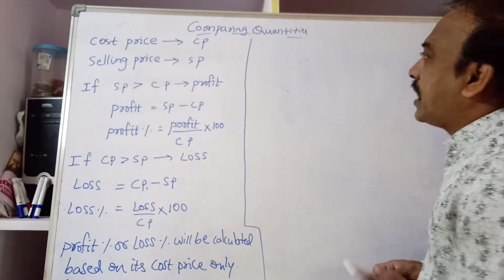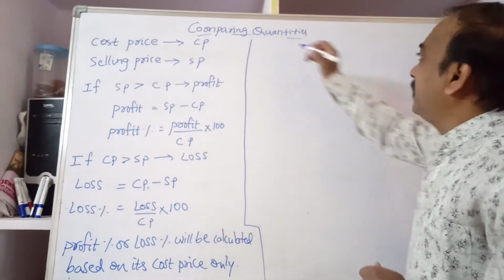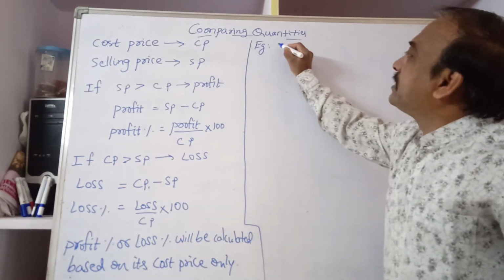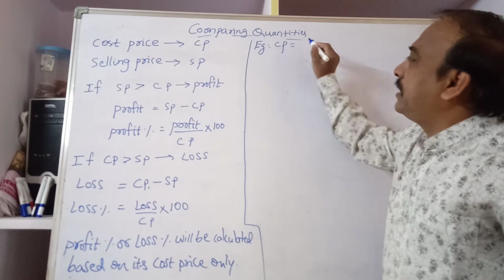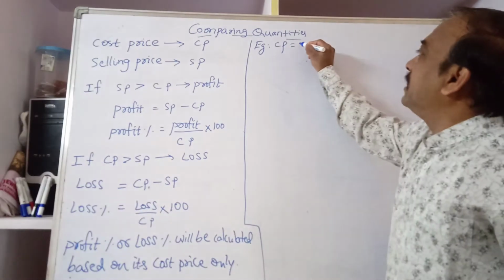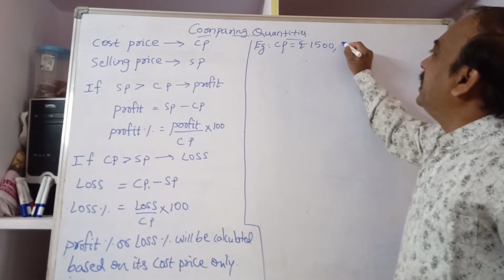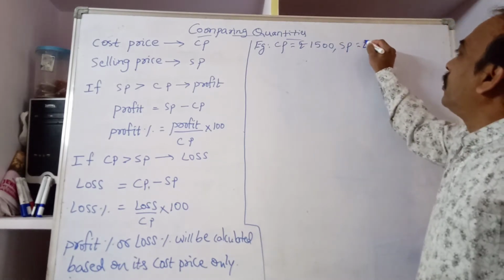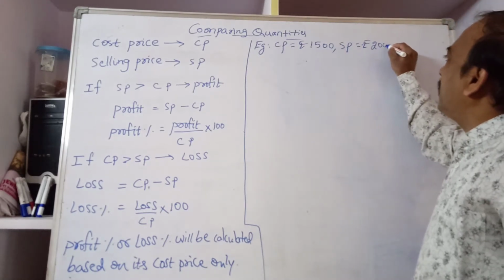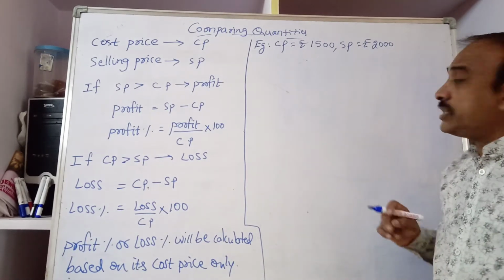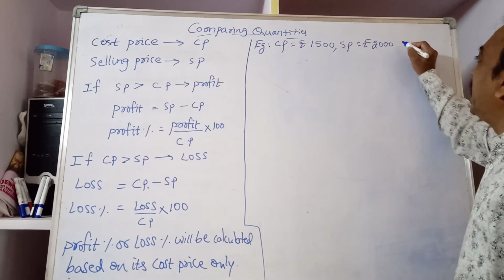Example. Observe it. CP is equal to, just writing in a short way, CP is equal to rupees 1500, SP is equal to rupees 2000. CP is equal to rupees 1500 and SP is equal to rupees 2000.